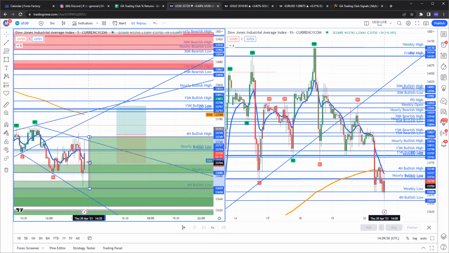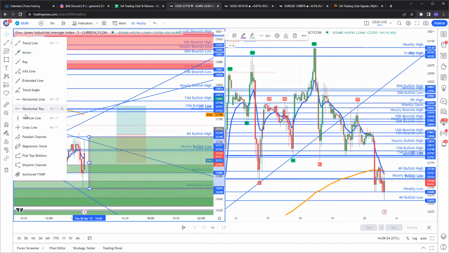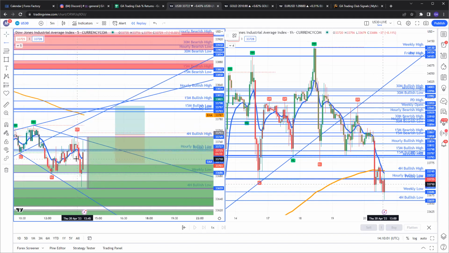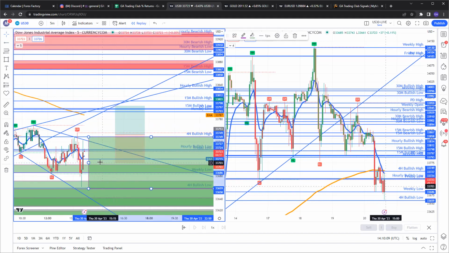That's 100, so this is 710. 710 is the middle of this zone. So ideally, how we trade these zones: your first trade is the top of the zone, the 4-hour bullish high. Your next trade is in the middle of that zone. Your last trade is at the bottom of that zone.